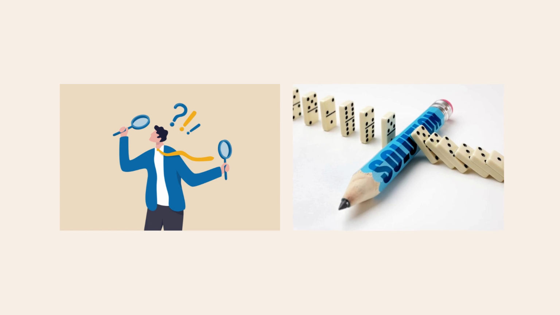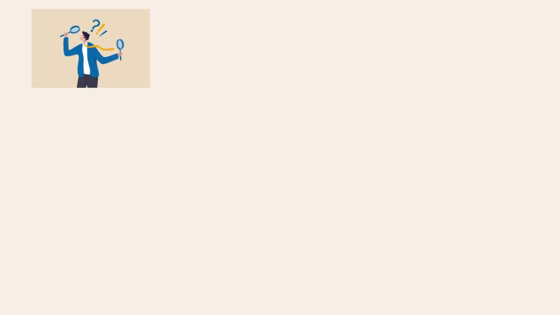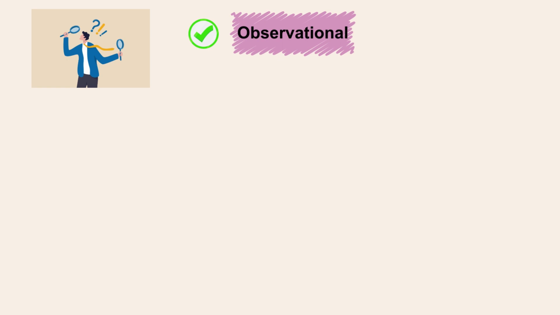So, the first question a researcher can ask: are you going to observe the phenomena occurring in the study, or are you going to intervene in the situation? If the answer is yes, if you are just observing it, this is an observational study design.